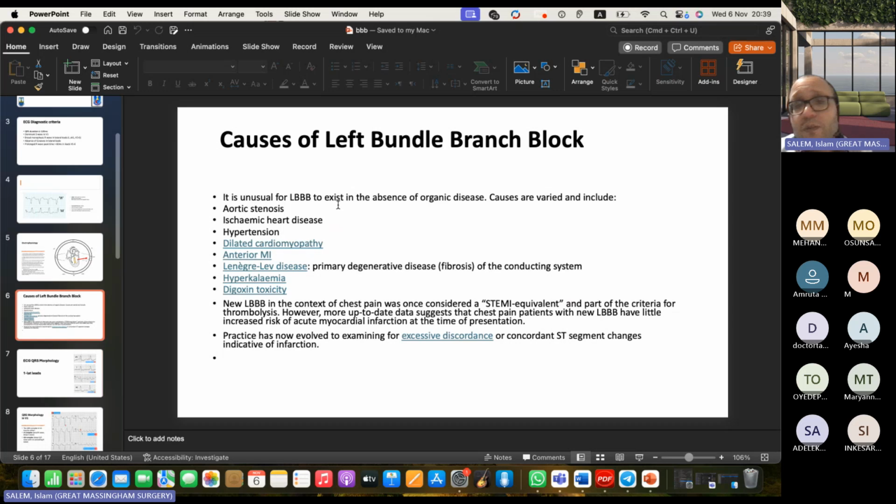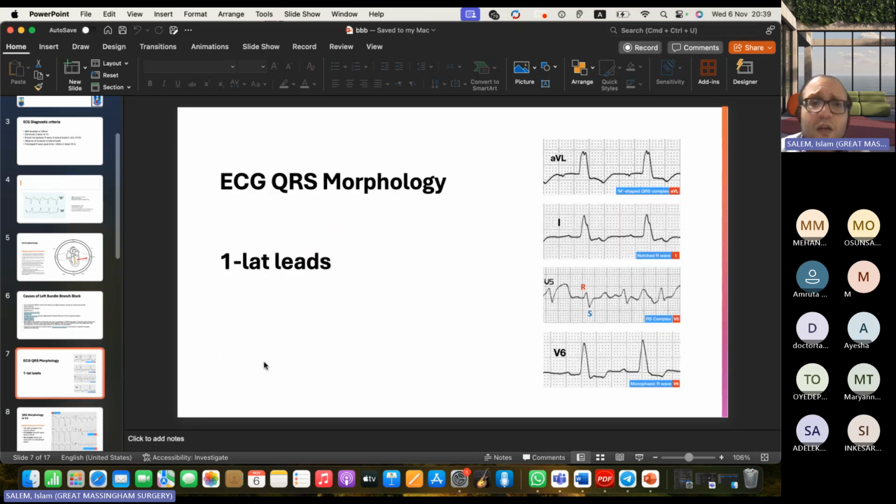If the patient has had a CABG before, it is most probably the cause. However, left ventricular hypertrophy, dilatation, and aortic stenosis are all causes of left bundle branch block, because they put strain on the left ventricle and cause hypertrophy of its wall, and hence the left bundle branch block appears in the ECG.